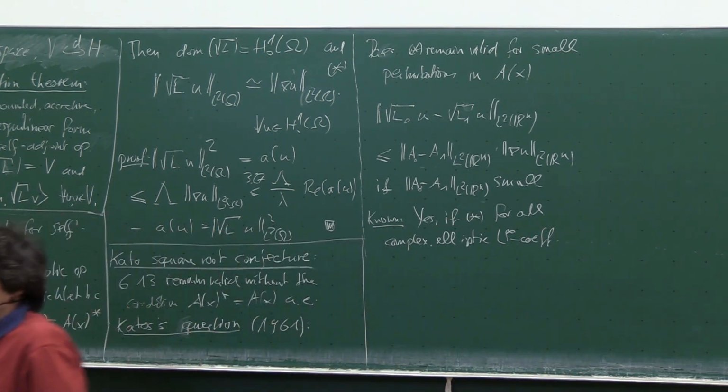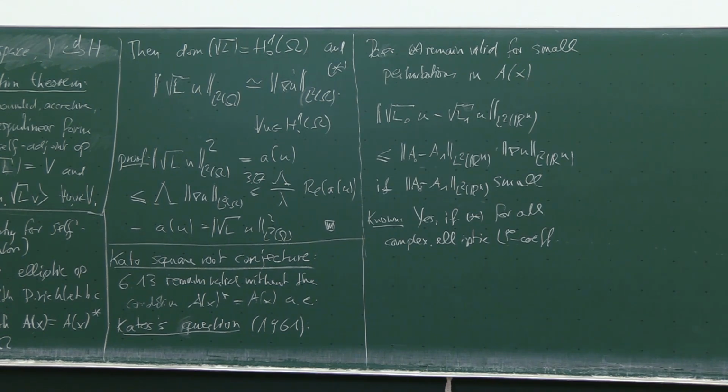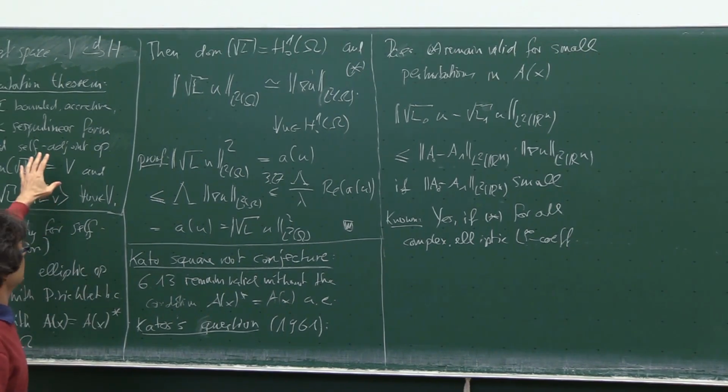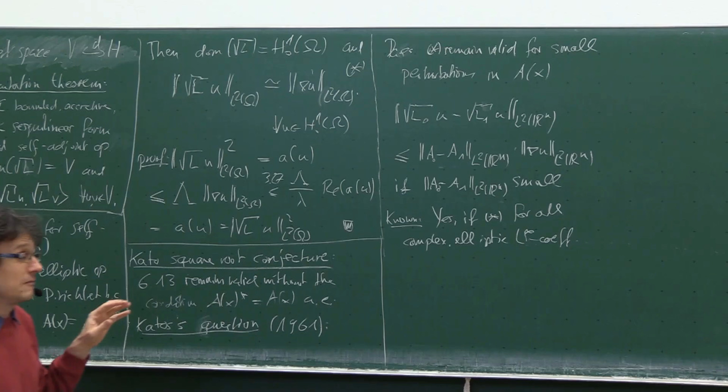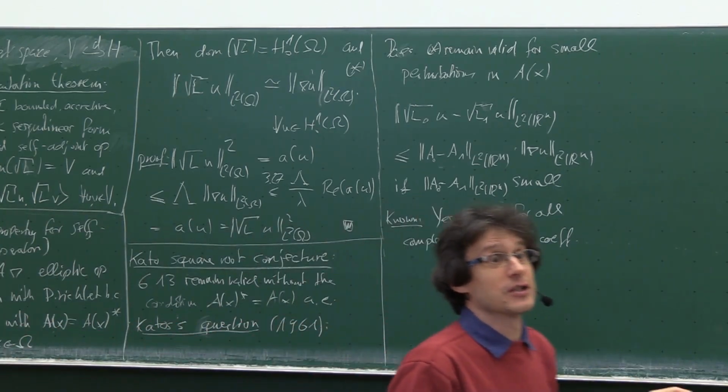So he was led by his questions coming from PDEs to hoping or trying to prove that he can get this result without the self-adjointness condition. And if you look back into the proof of the second representation theorem, you will see this hinges 100% on the self-adjointness condition.